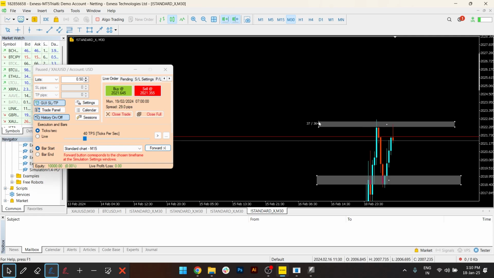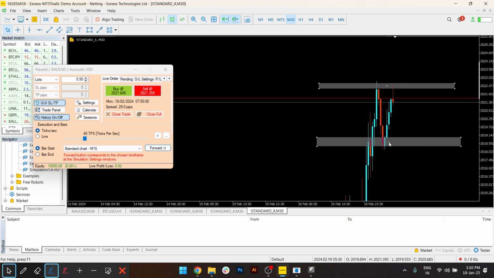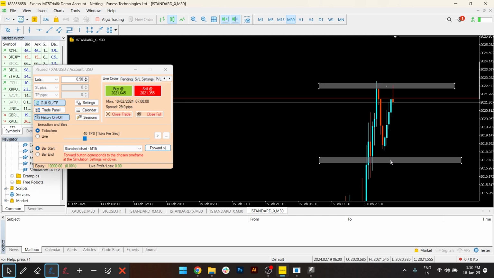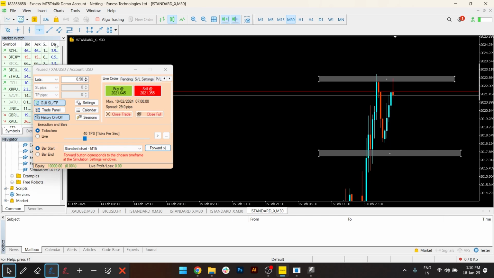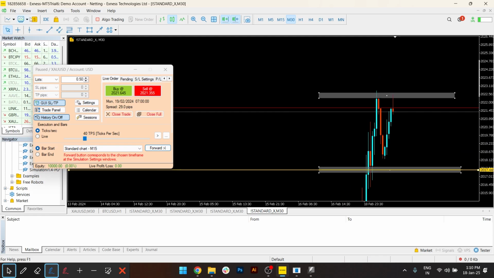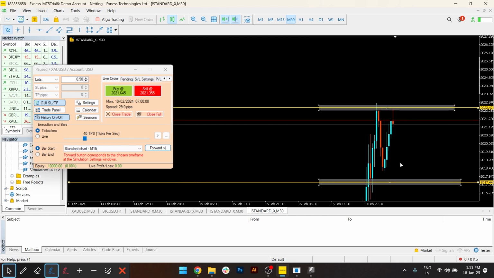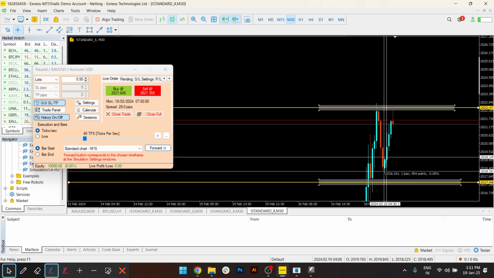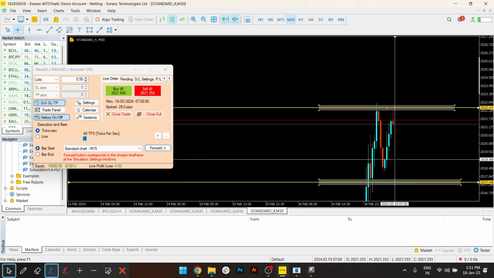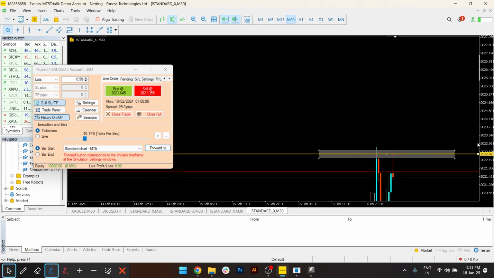On the 30-minute, we have this resistance, and this was the 1 hour support. Now we can shift this based on the 30-minute, and we have a support and a resistance.